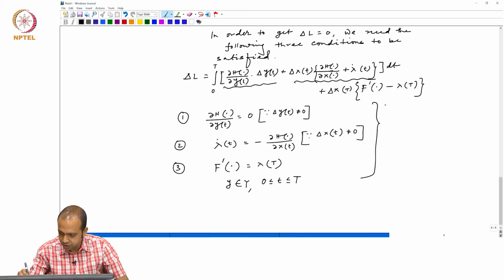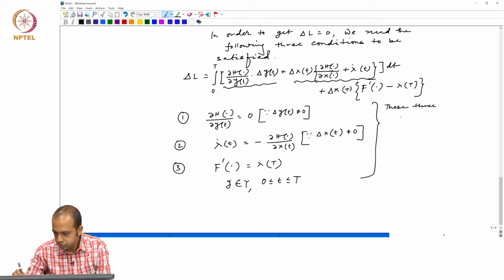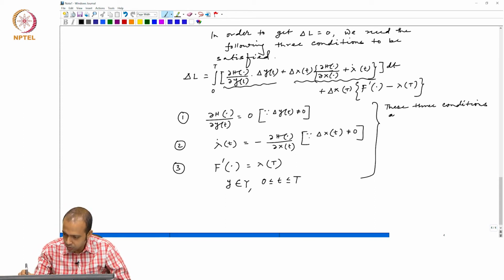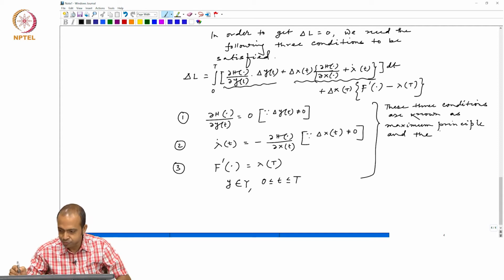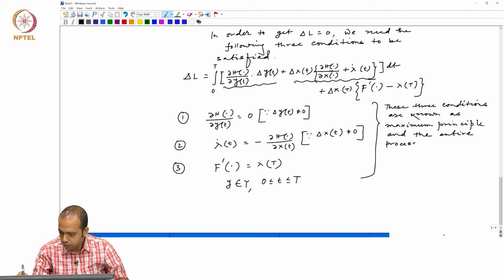So, these three principles or conditions are known as maximum principle, and the entire process what we have discussed up to now is known as optimum control.